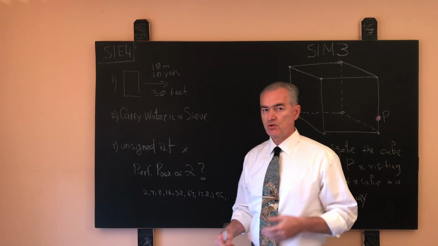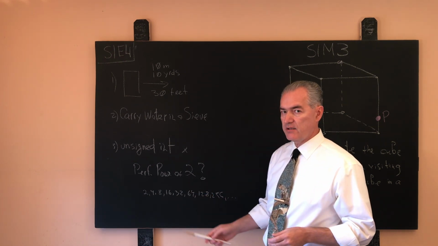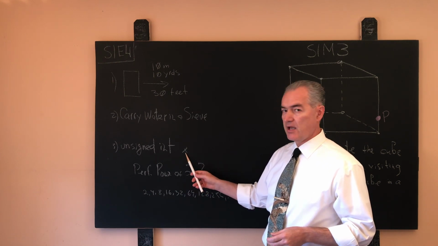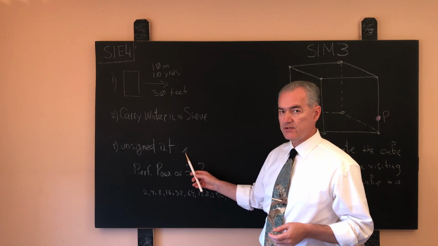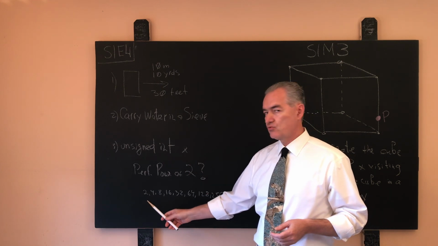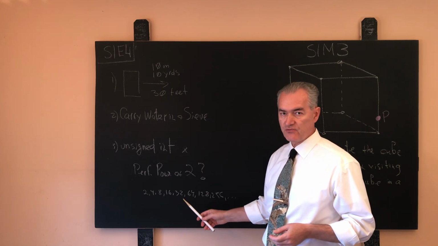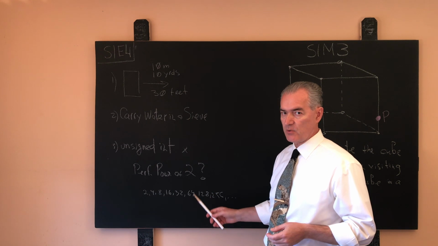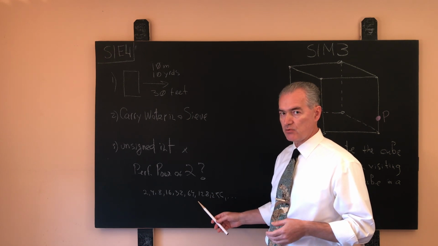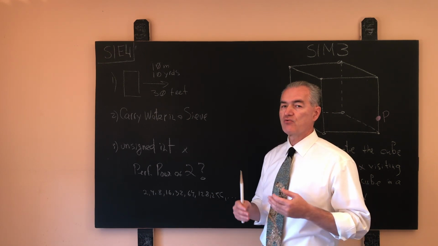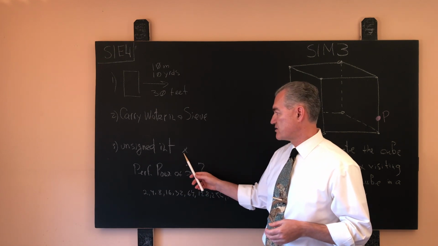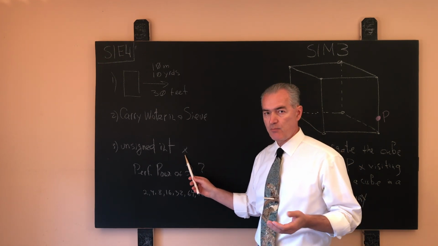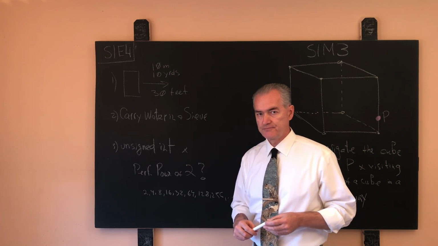In other words, your code should look at the unsigned integer x and return true if that integer has the shape of 2, 4, 8, 16, 32, 64, 128, 256, 512, and so on, if it's a perfect power of 2. And it should return false if the unsigned integer x is not a perfect power of 2.